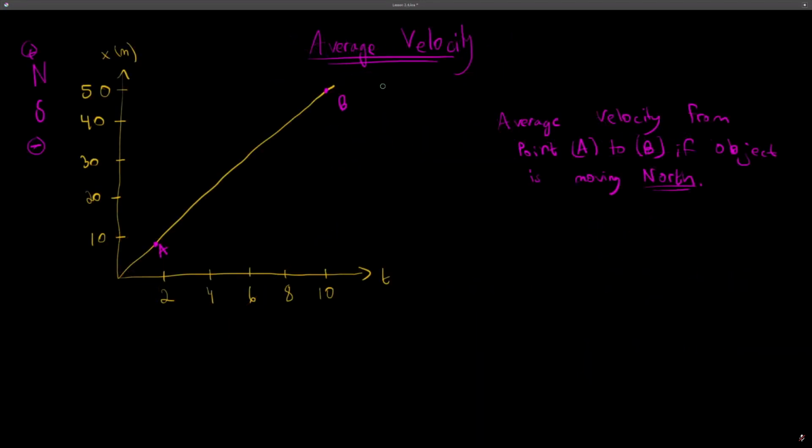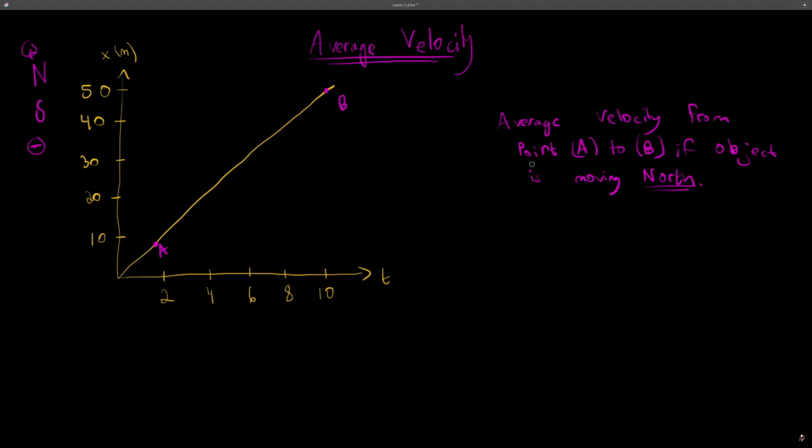So next up, we need to understand the average velocity. Now, when we want to talk about average velocity, we're talking about the average velocity between two different points, and we want to find how fast it's going between these 2 points. Now, if I were to ask you, what is the average velocity from point A to point B, if the object is moving north, then what would I do?